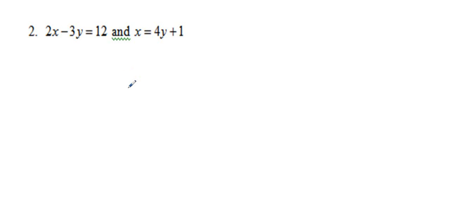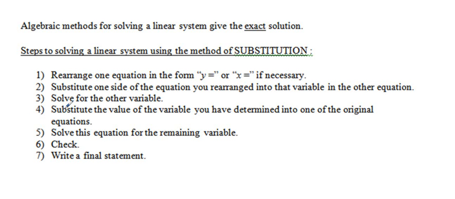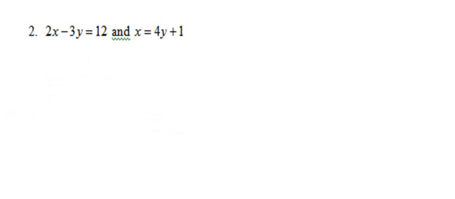So I'm going to get you started here, but you're going to do this on your own. So when we look back, I'll just quickly go back to the steps. It says rearrange one equation in the form y equals or x equals if necessary. So do you have to rearrange one of them, or do we have it in x equals or y equals form already?